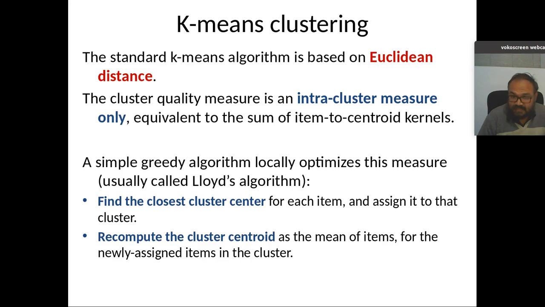A simple greedy algorithm usually locally optimizes this measure, and this is called Lloyd's algorithm, which is basically finding the closest cluster center for each item and assigning it to that cluster, and then recomputing the cluster centroid as the mean of items for the newly assigned items in the cluster. So it basically works like this.